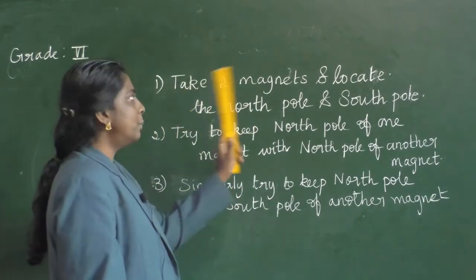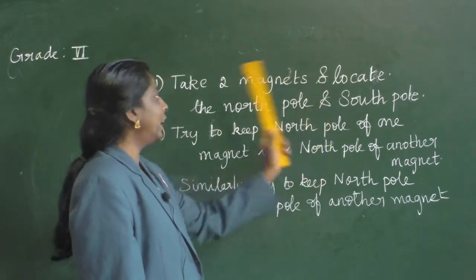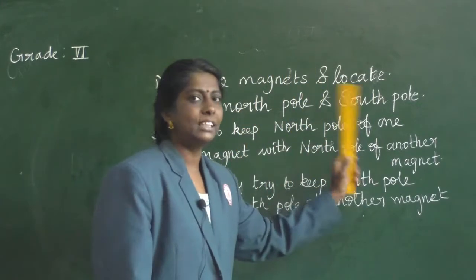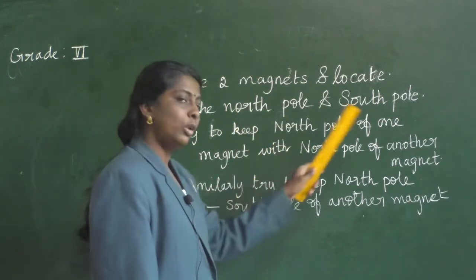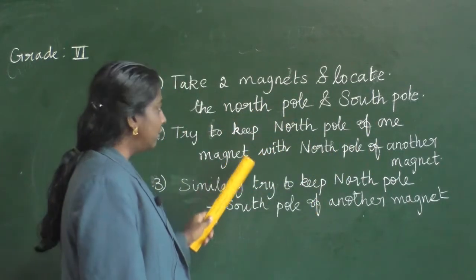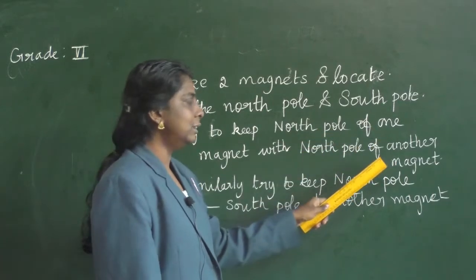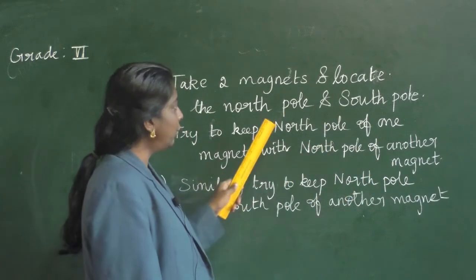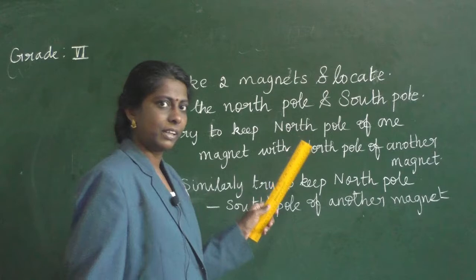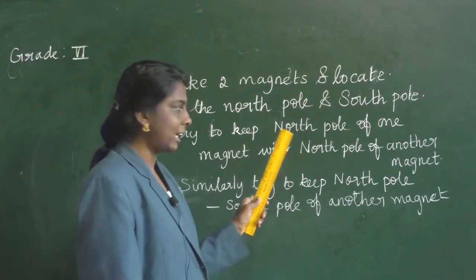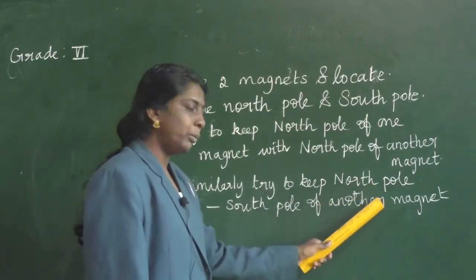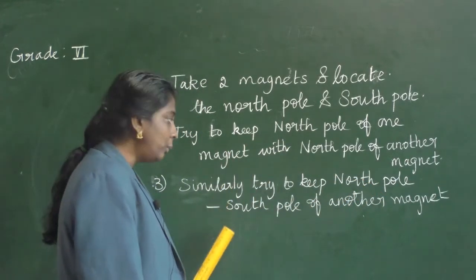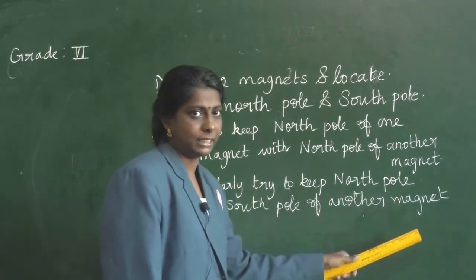Children, now an activity for you all. Take two magnets and locate the north pole and south pole. Then try to keep the north pole of one magnet near the north pole of another magnet, and see how it reacts. Then similarly try the north pole of one magnet with the south pole of another.